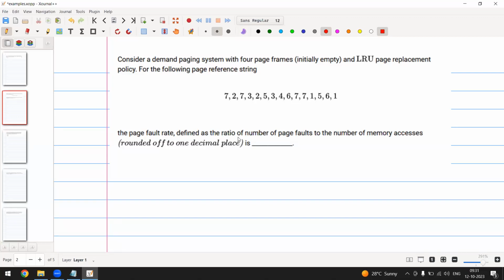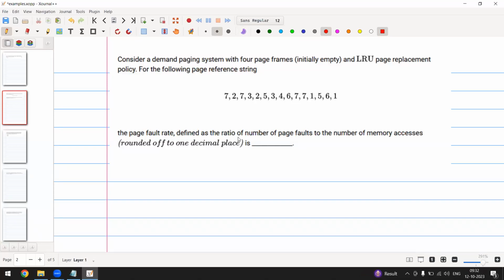So today we will first spend time on solving a few examples so that you know the overall methodology if any such example is asked, and later on we'll try to complete the remaining topics from the virtual memory chapter. So let's start with the first example.